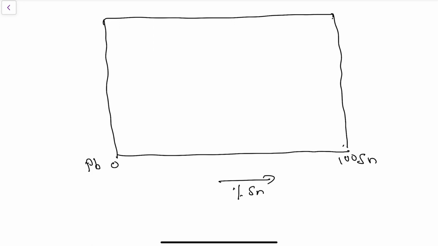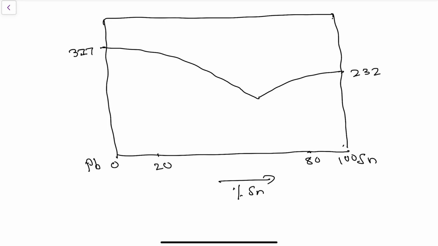Here it is 100. I told you the lead melts at 327 degrees Celsius, and the tin melts at 232 degrees Celsius. And the eutectic reaction occurs at this point, 20, it is 80.